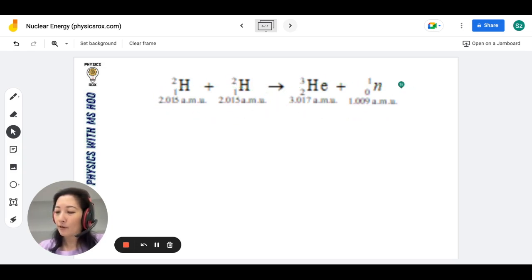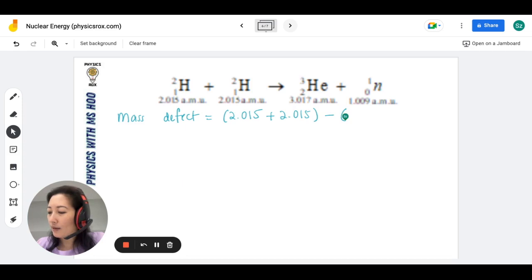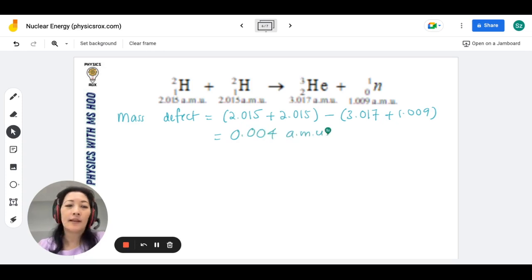First of all, you need to calculate the difference between the total mass before and after the reaction. So I'm going to write here: the mass defect is the total before minus the total after. And what we'll get is 0.004 atomic mass units.